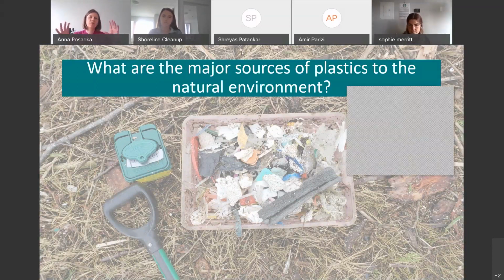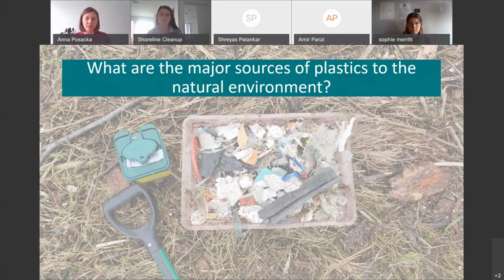Yeah, so the sources, of course, we talked about our cities as sources, but also a pathway for microplastics. So really, common sense things such as litter is one big source.